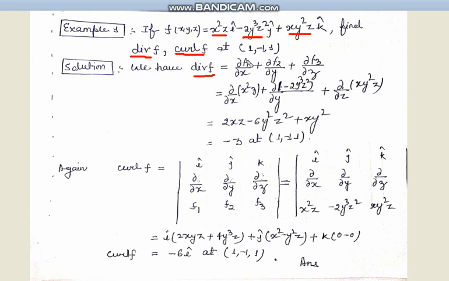Now f1, the coefficient of i, we partially differentiate with respect to x. We get for x²z the partial derivative 2xz.